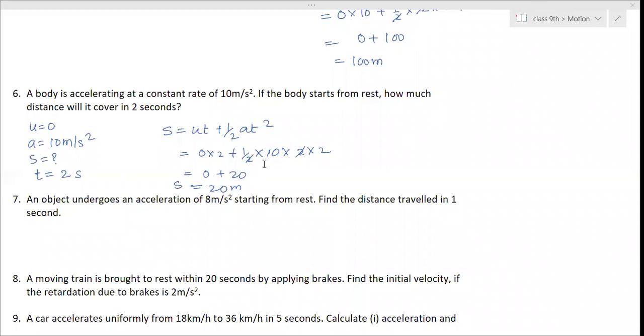Got the answer? Yes, ma'am, 4 meters. 4 meters, right? Then try continuing the next questions.